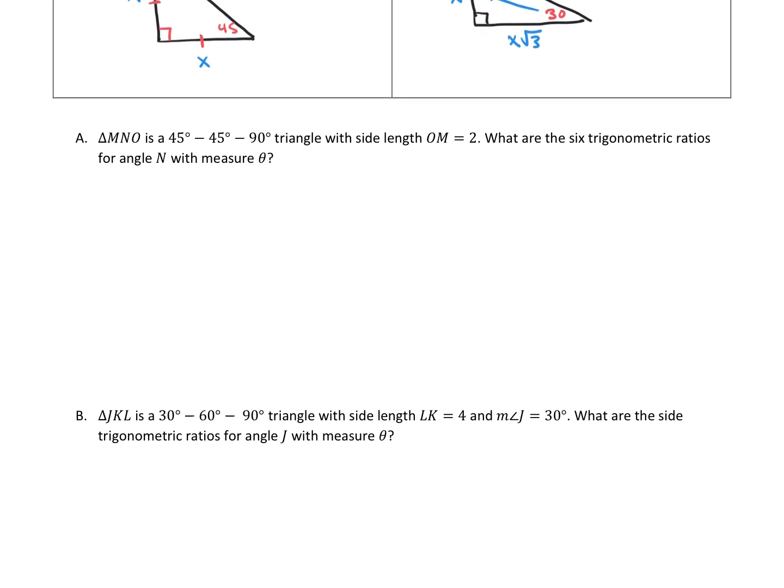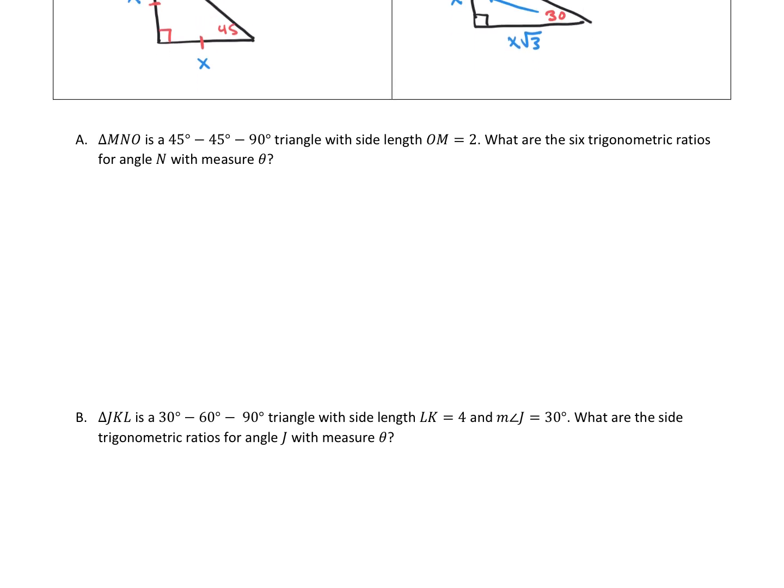Okay, let's look at an example. Triangle MNO is a 45, 45, 90 triangle with side length OM equal to 2. Well, let's draw this out first. So we have a 45, 45, 90 triangle. This is going to be M, N will be here.